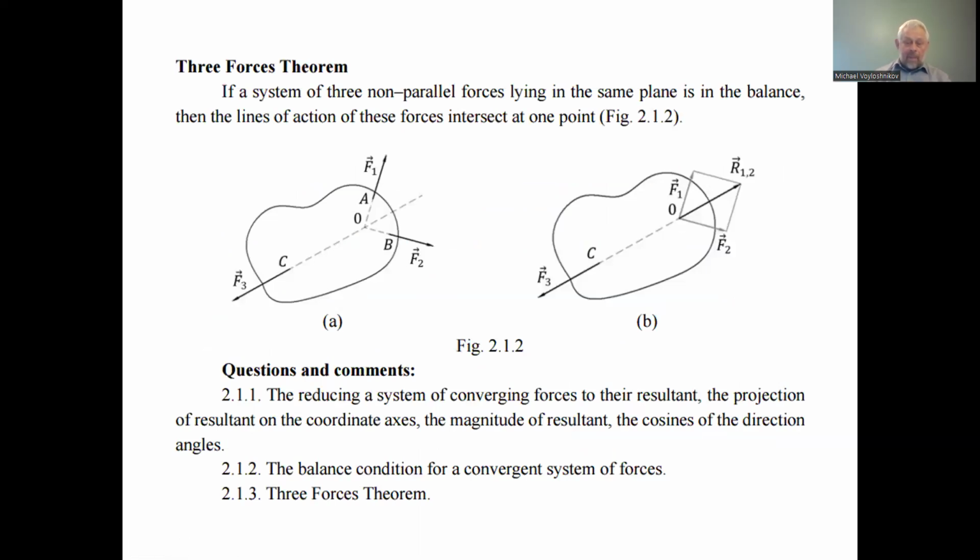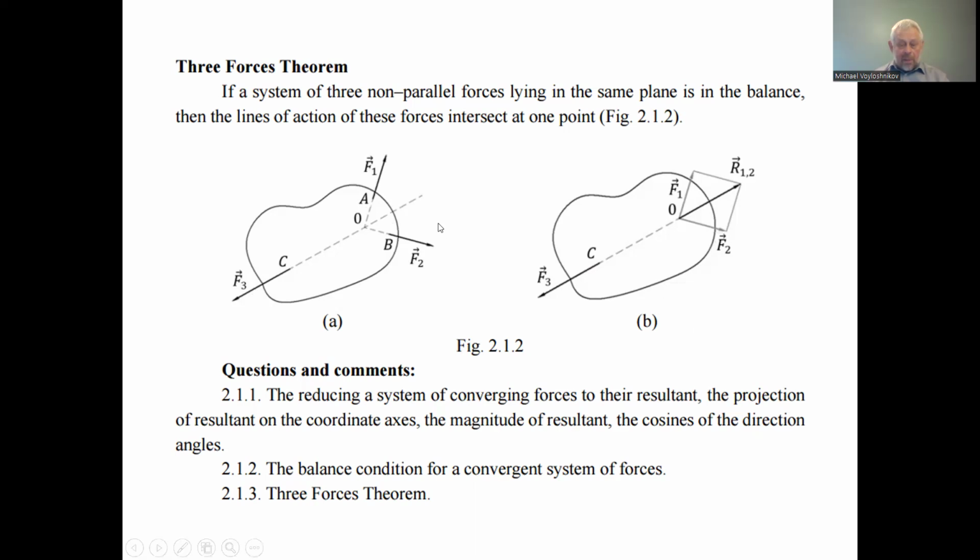Three-force theorem. If a system of three non-parallel forces lying in the same plane is in balance, then the lines of action of these forces intersect at one point. How to explain this? For example, we have three forces, F1, F2, and F3.